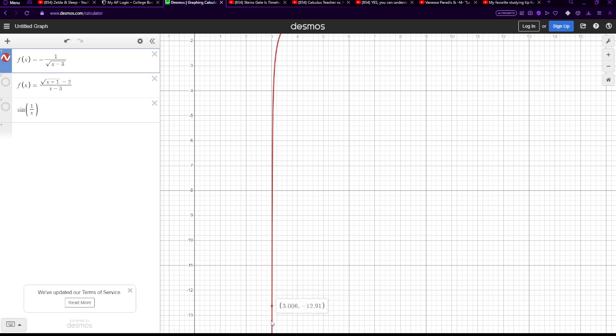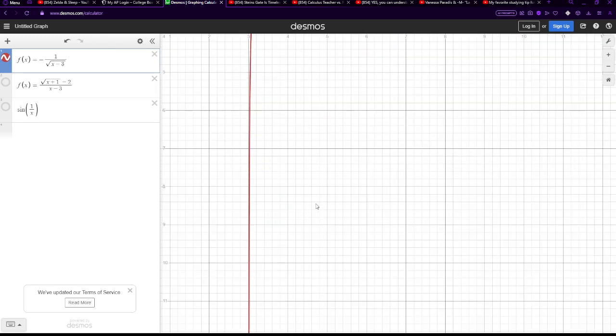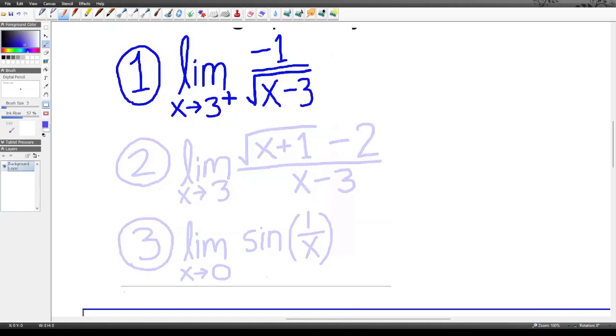So here we have undefined, negative infinity. Negative infinity, or does not exist.